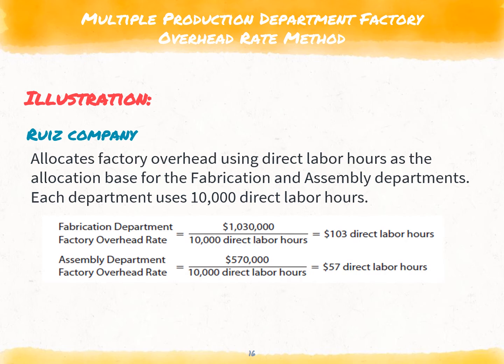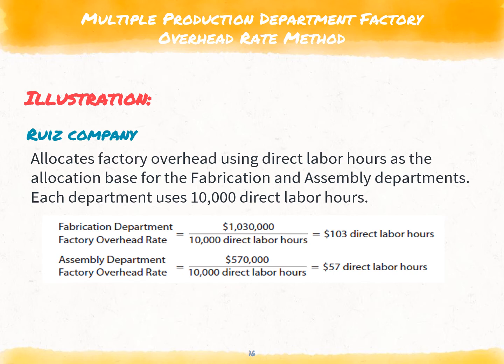For the fabrication department factory overhead rate, the total overhead cost of $1,030,000 divided by 10,000 direct labor hours equals $103 per direct labor hour, while for the assembly department factory overhead rate, a total of $570,000 overhead cost divided by 10,000 direct labor hours equals $57 per direct labor hour.